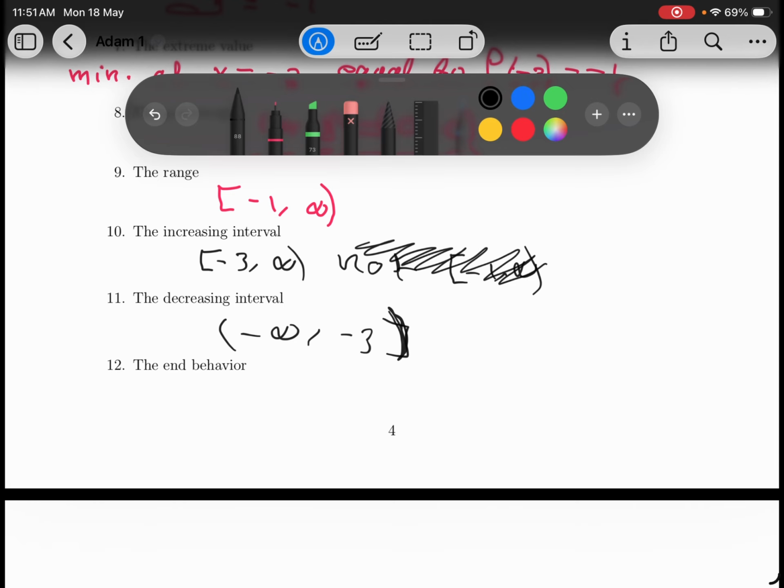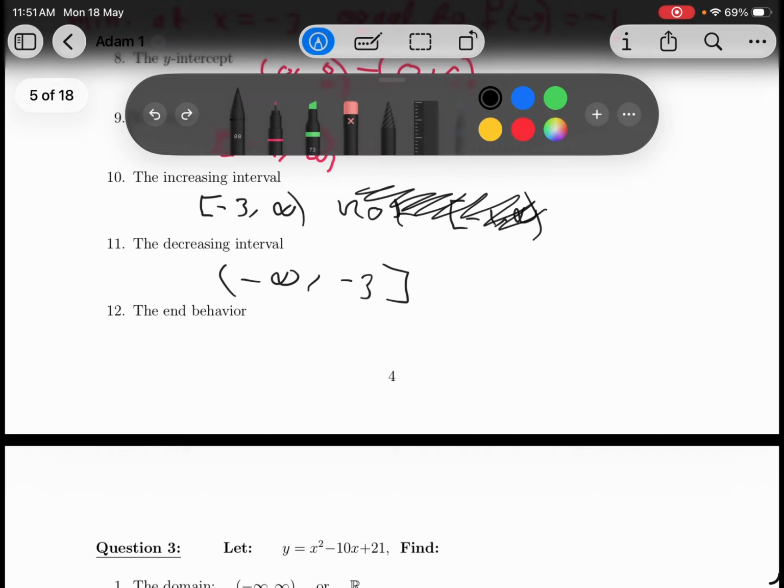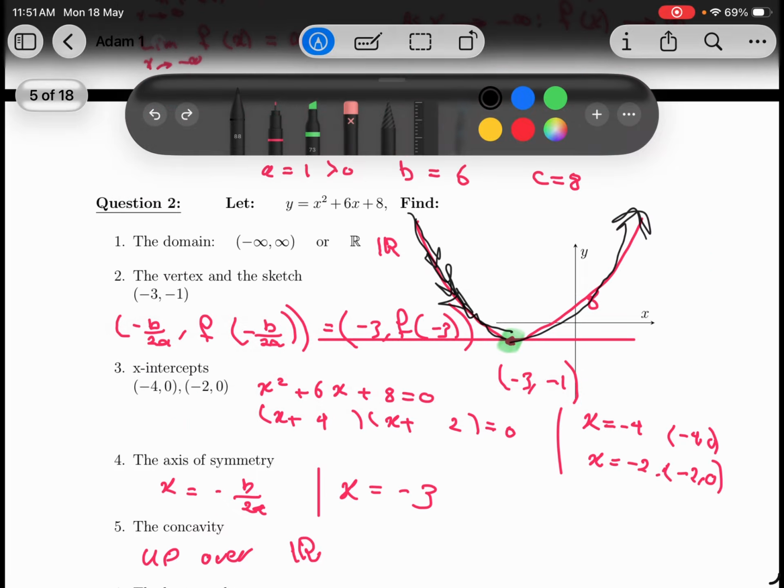It's up to you. Yes, it's optional, whether closed or open. Both are correct. And last on the list, I have the end behavior. Look at this graph. The function is double-tailed here. We have a tail here, we have a tail here, and both tails are going to infinity.